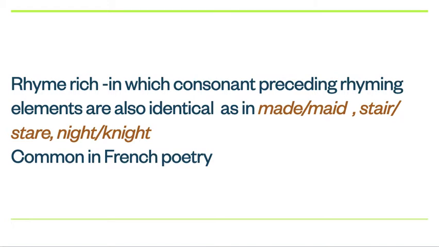It was very common in French poetry, as in this example, made, maid. Here the vowel pronunciation is the same, but the preceding sound m and m is also identical. Stare, stare, night, night. Here we also have similar preceding consonants, s, s, n, n, before the rhyming syllable. So this is called rime riche.